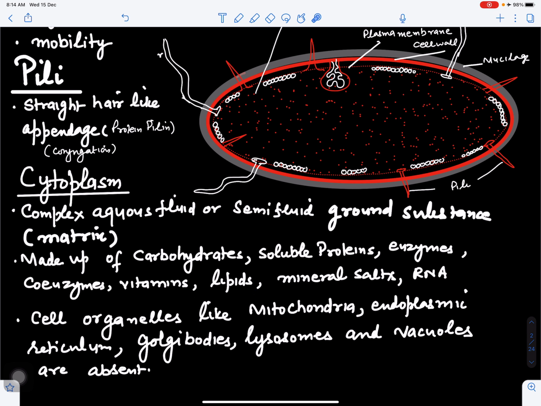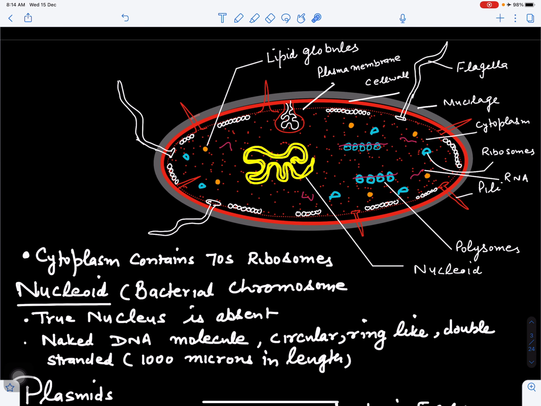All the membrane-bounded cell organelles like mitochondria, endoplasmic reticulum, Golgi bodies, lysosomes, vacuoles are absent, right? And it also has 70S ribosomes. Like we can see here, these are 70S ribosomes present in the bacteria. So cytoplasm contains 70S ribosomes.